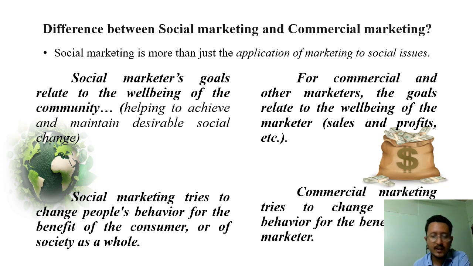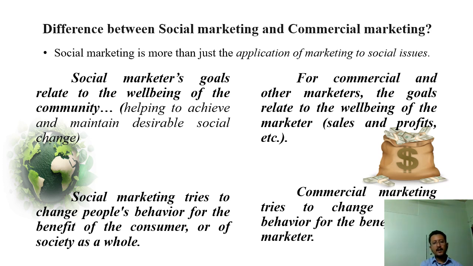That is basically through sales and profits, etc. So here, the point to be noted is that the basic difference between social marketing and commercial marketing is about the benefit. One, social marketing, is for the benefit of the society or the community, whereas the commercial marketer's goal is the benefit of the marketer themselves by increasing profit or sales.